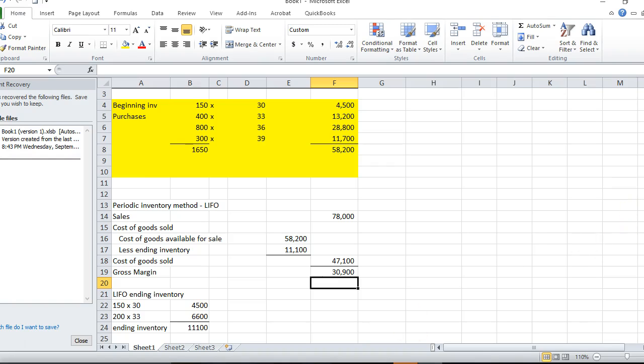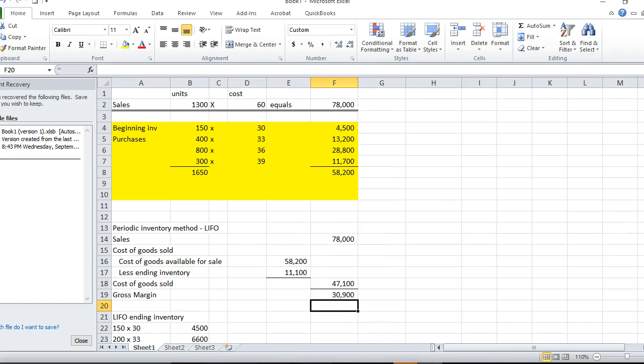Your first result using the average method was a gross margin of how much? 32,135. What about using FIFO? 33,300. And what about LIFO? 30,900. Do you see how they're all different, but the average is in between? By doing the average, we're taking the highs and the lows and averaging them out.